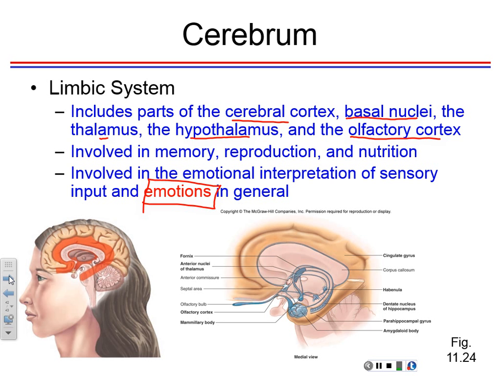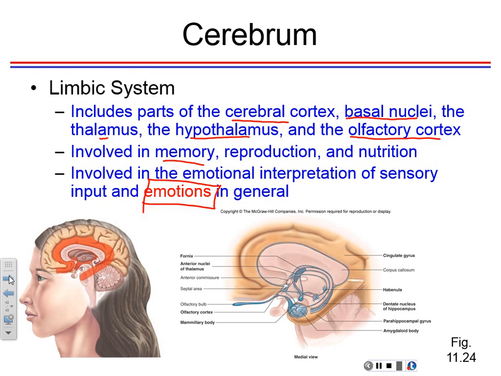And therefore things like memory, because where do you get your memory? From your sensory experiences. When you put things into memory when you're studying, you're reading it, or sometimes hearing it, sight, all those senses. All that sensory information goes up there and is processed by all these nuclei and parts of the brain, and that's how you generate your memory.